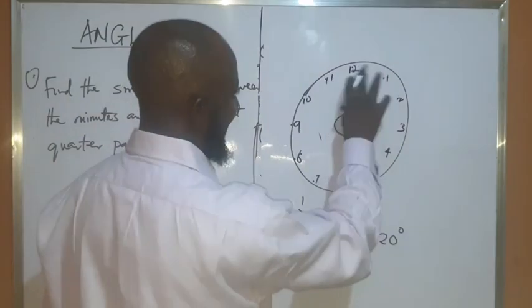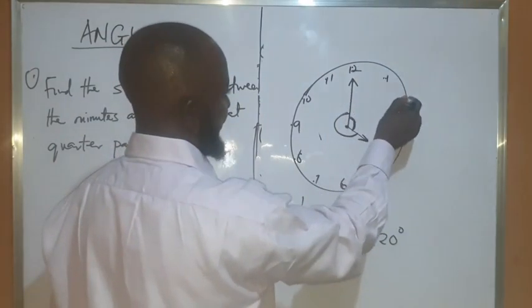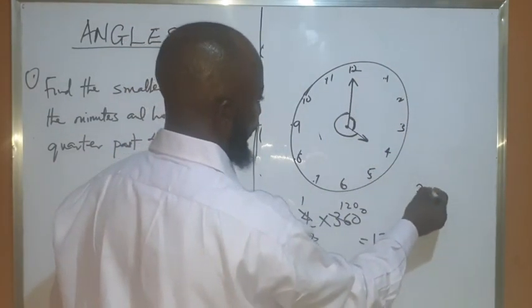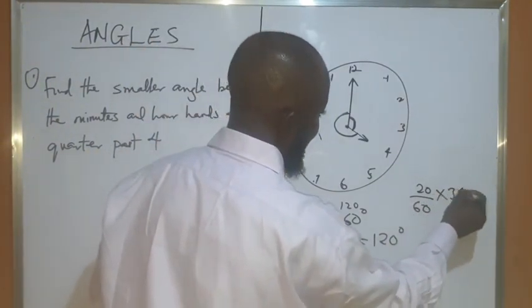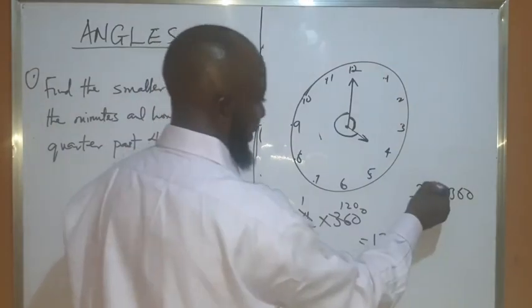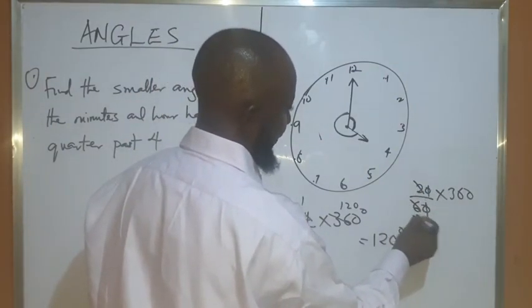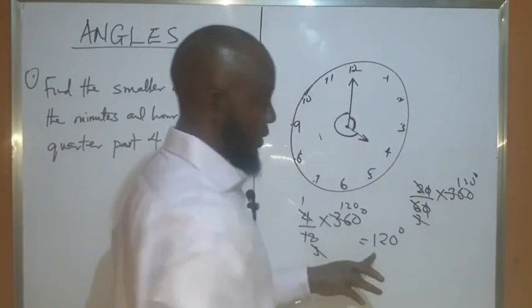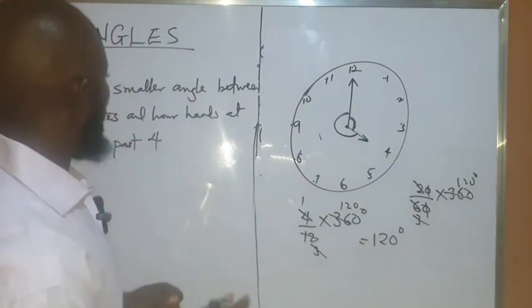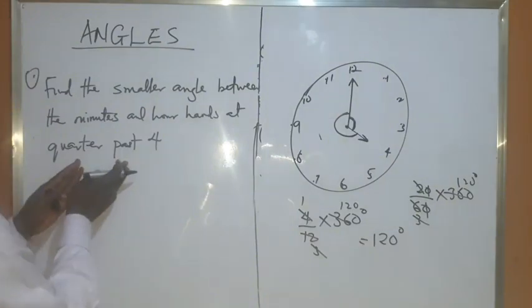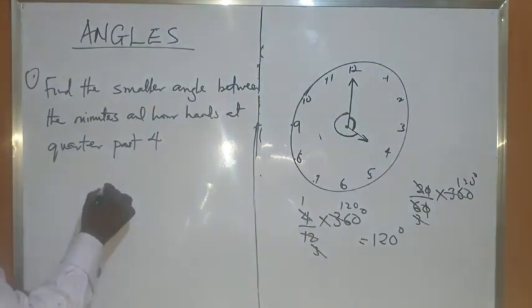So how many minutes do we have there? 5, 10, 15, that's 20. So 20 out of 60 minutes multiplied by 360. That's another way of doing it. The zero cancels zero, and we get 120 degrees. This is still the same thing. But they can give you something that will involve minutes, so what we're going to do is this: 4:15.